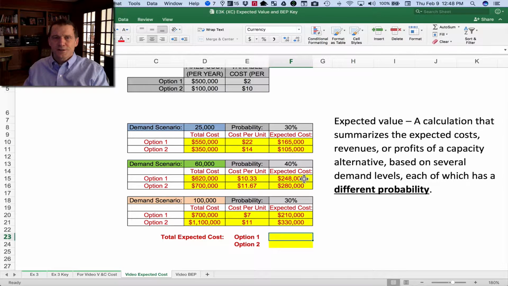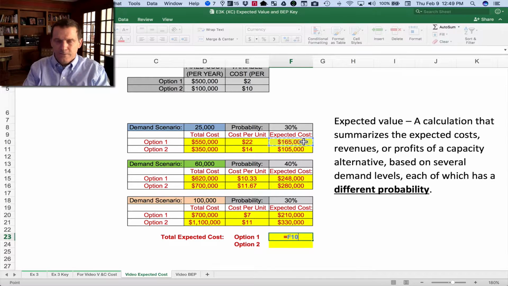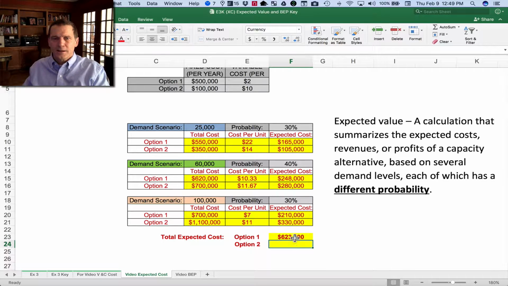So my 165 and my 248 and my 210 need to be the total expected cost for option 1. So that would be equals 165, and I can just mouse over them, click, and hit a plus, and hit enter. And I'll get my 623, which is 165 plus 248 plus 210.